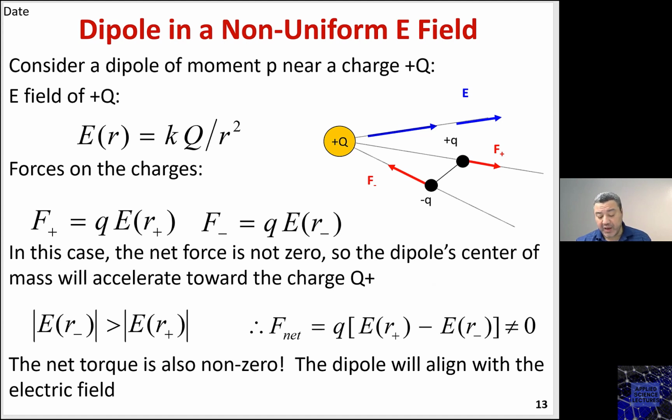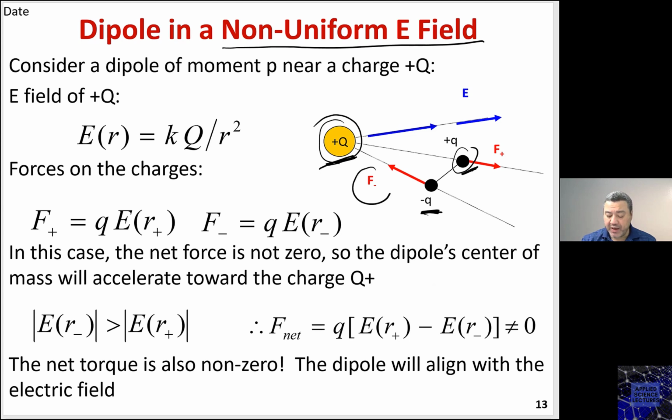So if I have a dipole in a non-uniform electric field, and this negative charge is closer to my capital Q than this small positive charge, then the force exerted on the negative charge in magnitude will be greater than the force exerted on the positive charge.